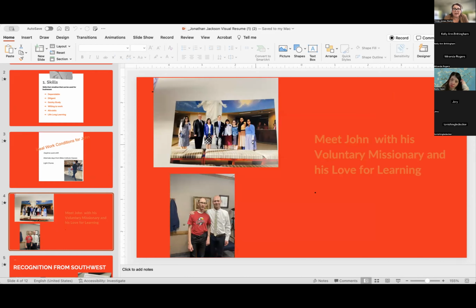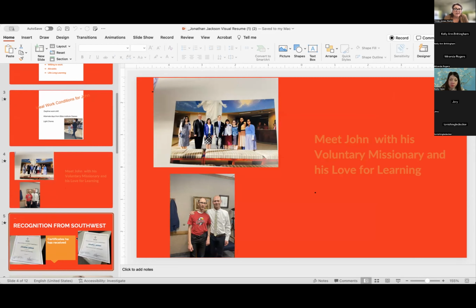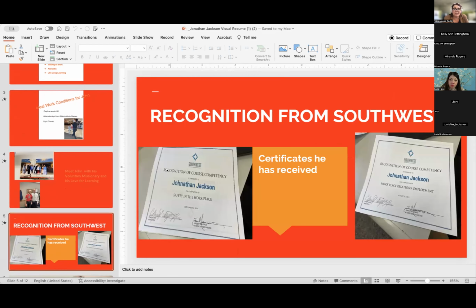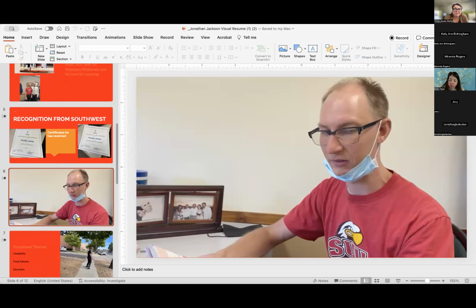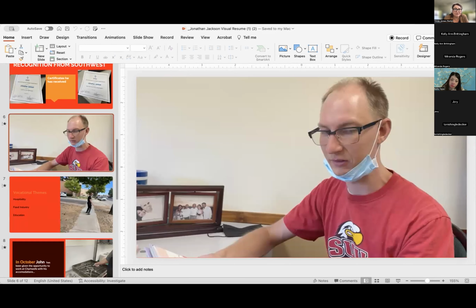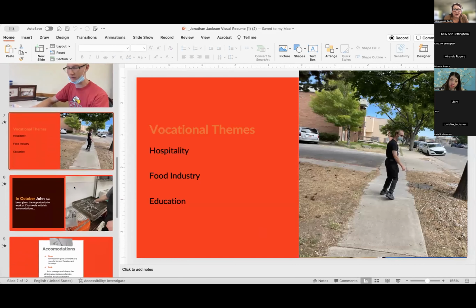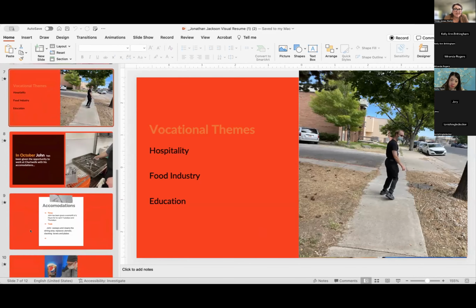He wanted to get pictures with his institute teacher and his love for learning. He wanted to take pictures of his certificate that he had taken. He had taken some classes. Yeah, he had pictures of himself that he wanted to take. He loves going for walks. These were his themes.